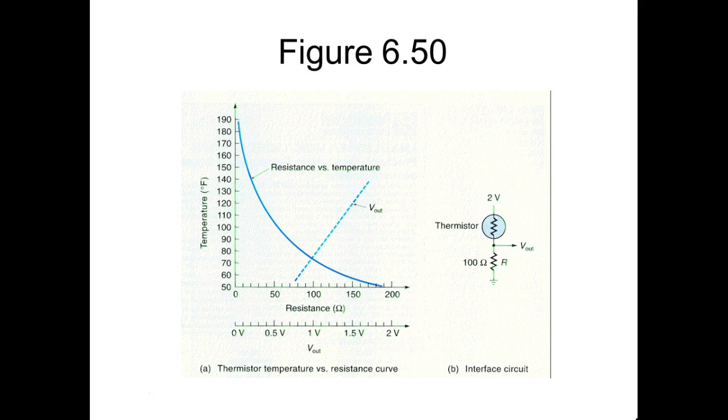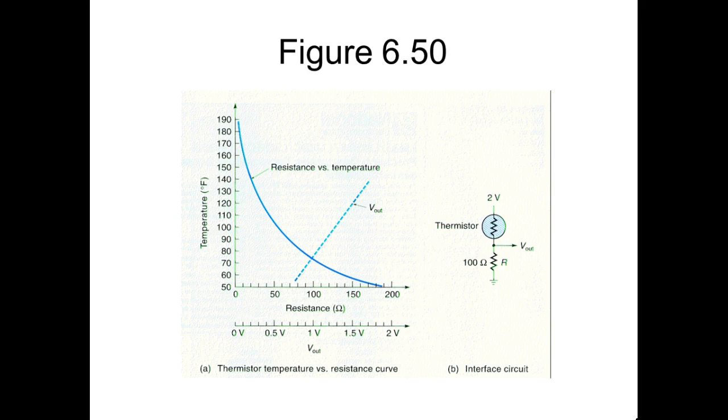Normally if you buy a thermistor, you can go on the internet, type in the part number, and it will give you this chart. The ones I saw would give you different resistances at different temperatures. If you knew the curve, then you could compensate for it mathematically.